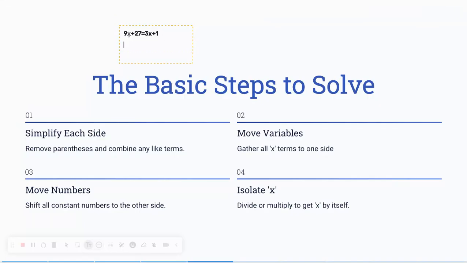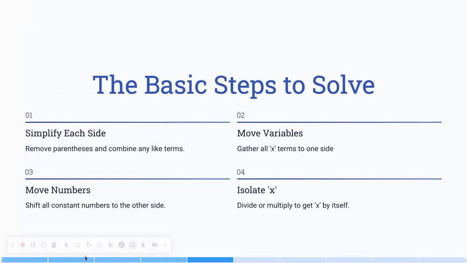So for example, we can move 3x to the 9x side, and then we get 9x minus 3x, and then we move the 27 to the other side, so 1 minus 27. And so here we're constantly moving numbers, which is our third step.